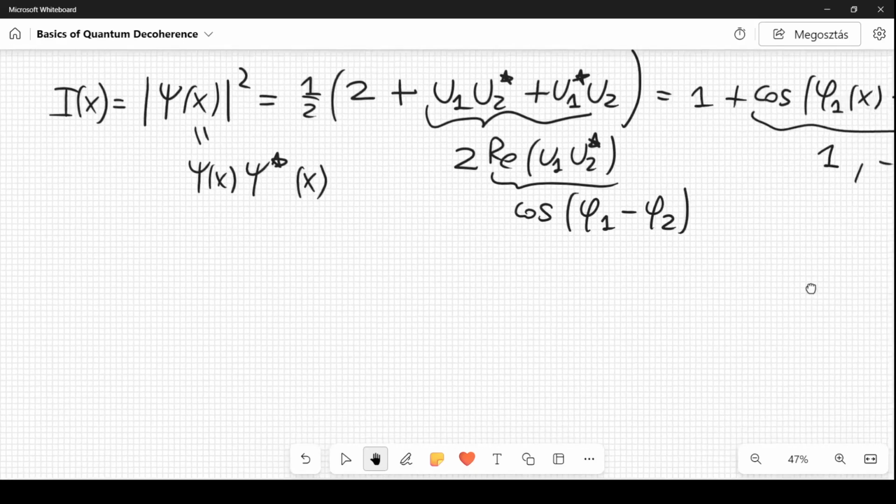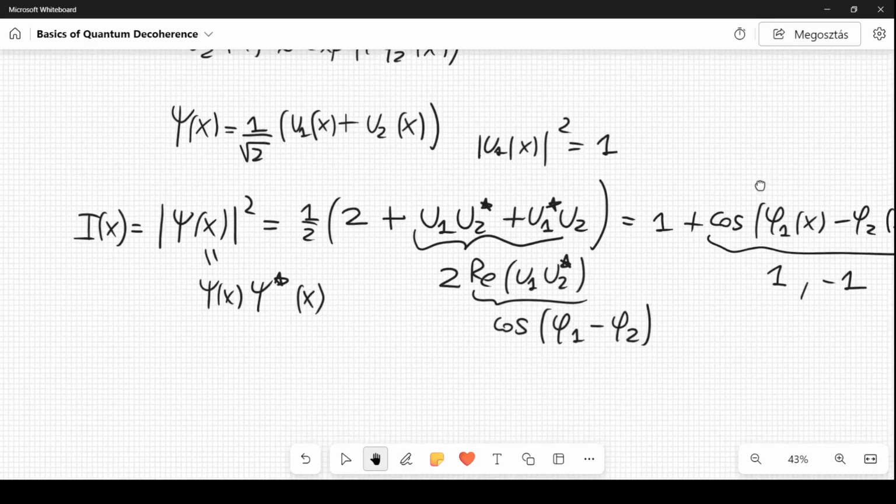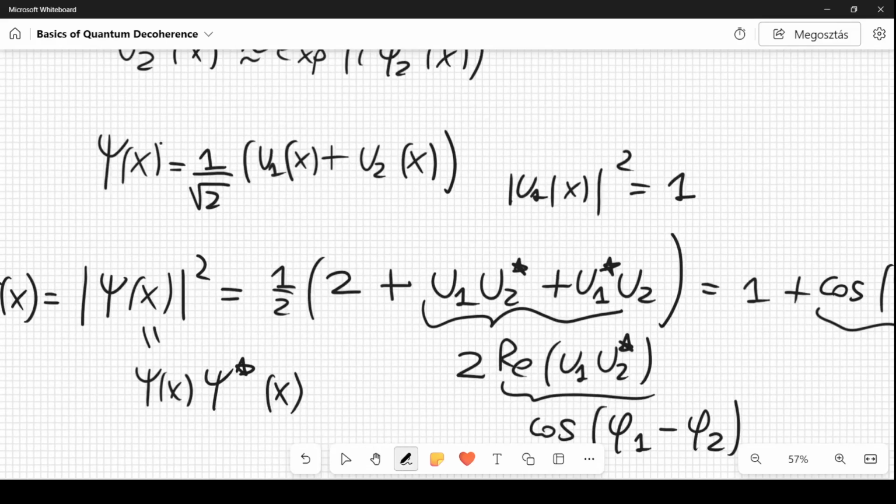Now, at this point, let's also imagine that the initial wave function is made up of these two waves, and the two waves will evolve in space, and they might interact with the environment.